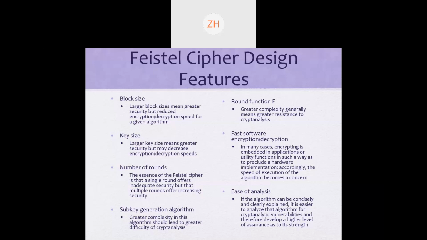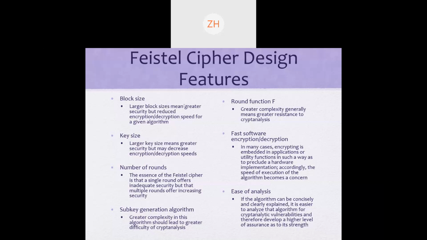Okay, so as you can see from the Feistel block cipher, there are a few features that are compulsory to have to ensure a very good Feistel block cipher. They are the block size, the key size, the number of rounds, the sub key generation algorithm, as well as the round function.